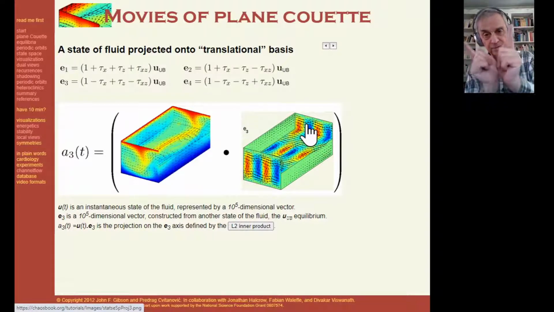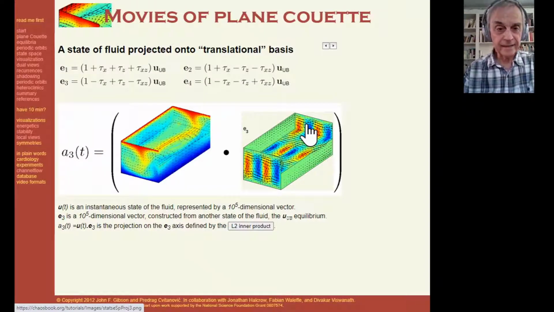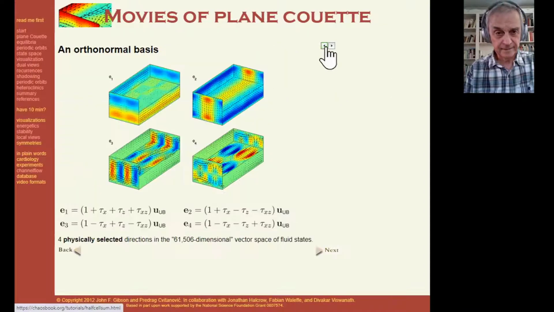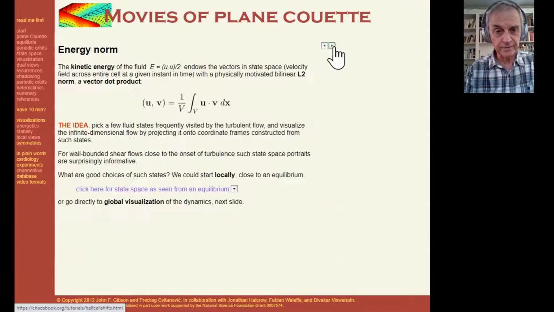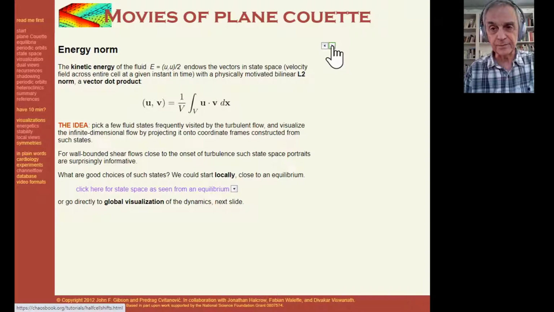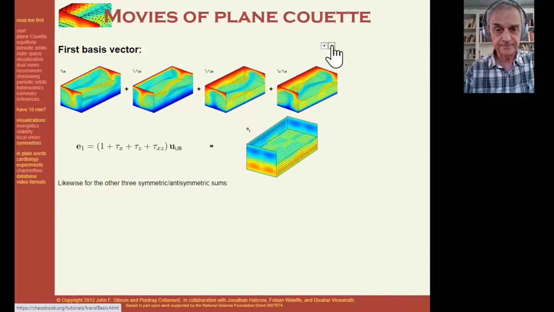I multiply this by the 64,000 dimensional vectors and I integrate over all components. Remember what the norm was, and I get a number. It says how much of this fluid state is contained in this direction. I'll remind you what the form was: I take my 64,000-dimensional turbulent vector, I take a basis vector, I multiply them, and I get a number. And that number is the projection of a big vector onto one of the 4 dimensions I care about.